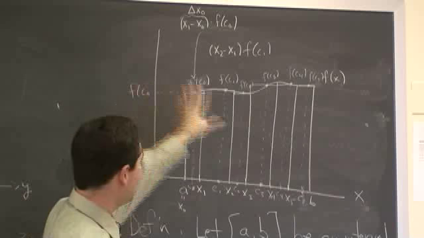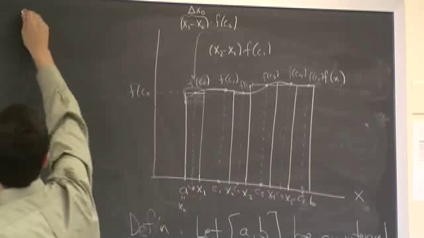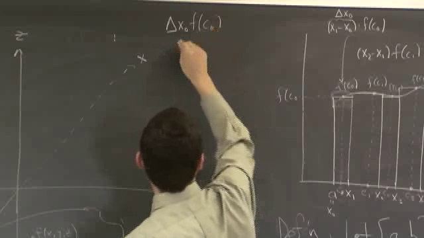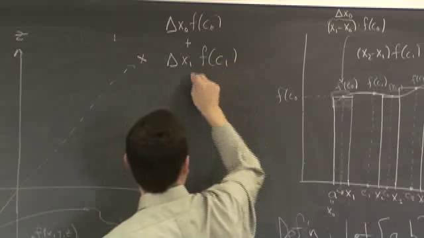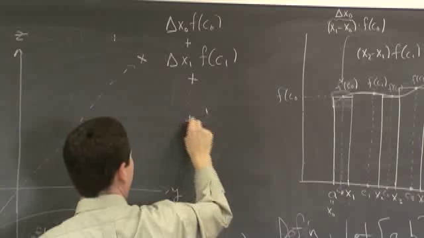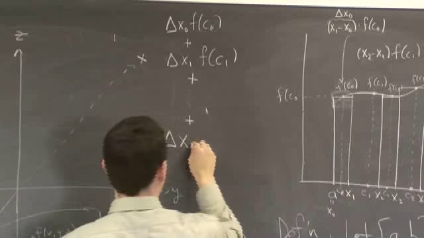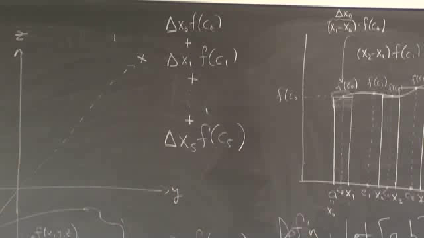So the way I could write down the area of all this is I could write delta x0 f of t0 plus delta x1 f of t1 plus and so forth delta x, let's see, what's my last one? 5 f of t5. And this would be a very reasonable approximation of the area under that curve.